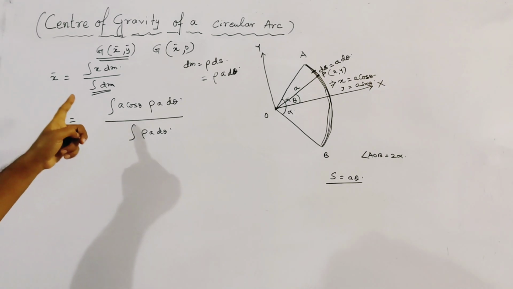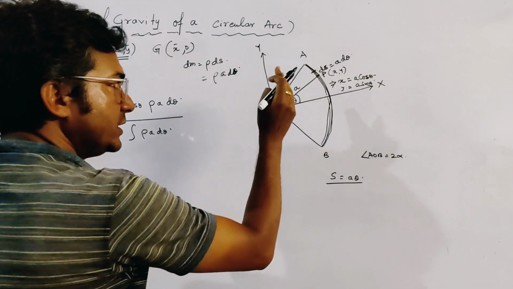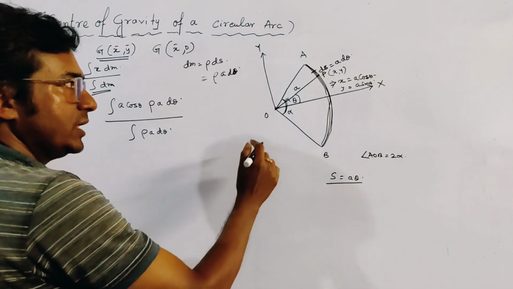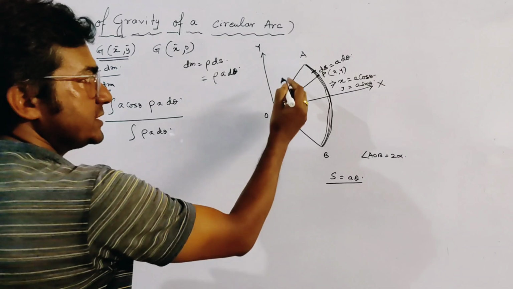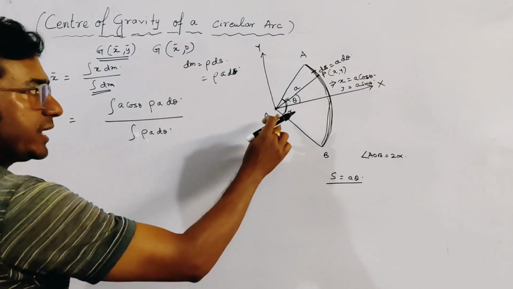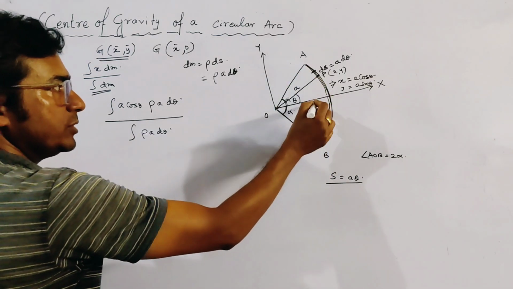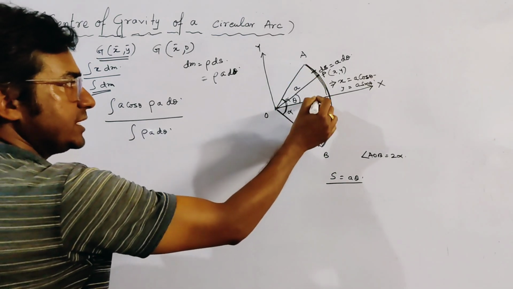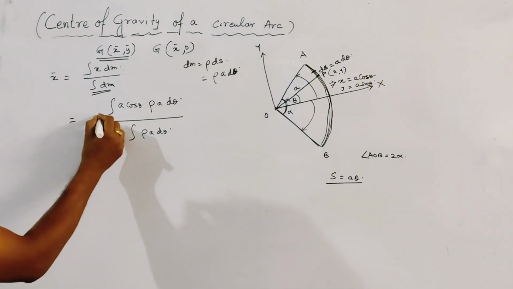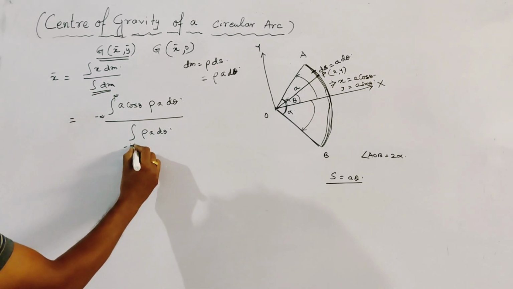Now what is the range of the integration? Since this makes angle 2 alpha, the upper side of the x-axis is alpha and the lower side is alpha also. So the range of the integration is minus alpha to plus alpha, because this is the clockwise direction and this is the anti-clockwise direction. Here also minus alpha to alpha.